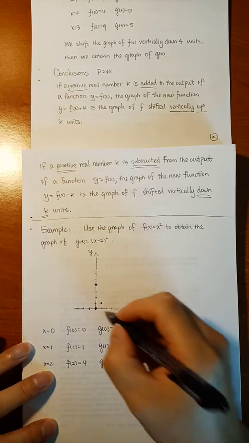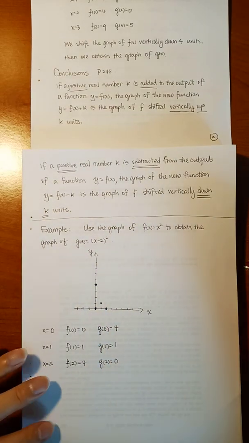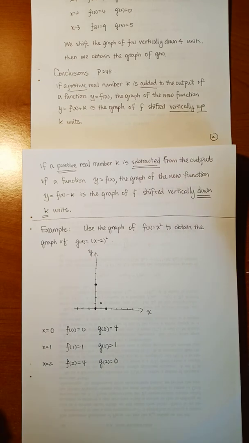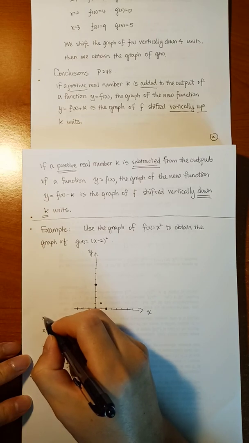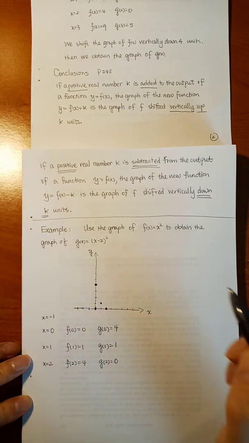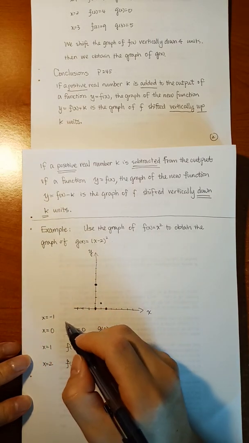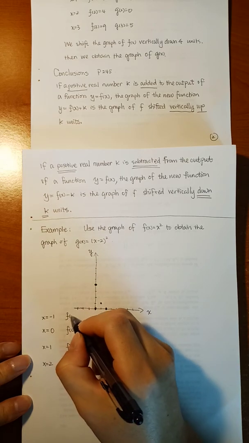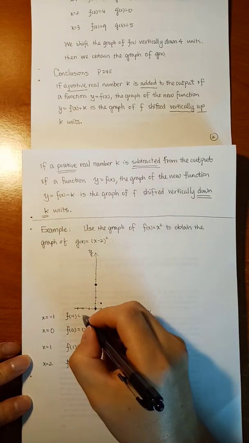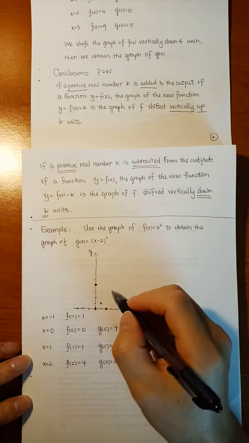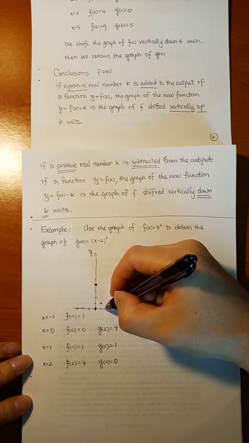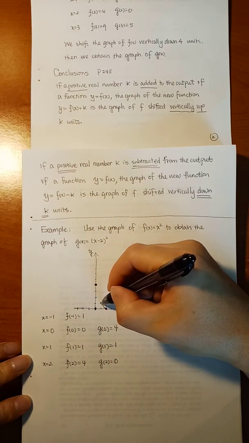Squared is 0. G of 2 is here. Now let's make another sample point. When x is negative 1, f of negative 1, negative 1 squared is still 1. So here we have the graph like this.